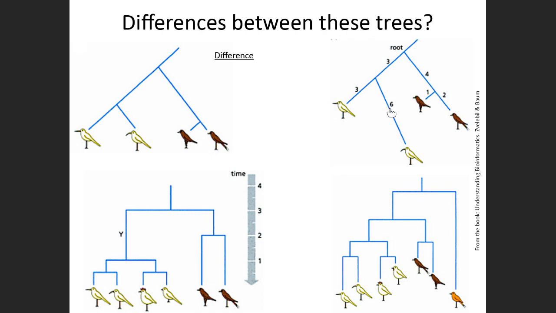Then this one, with the little numbers, that's an additive tree, which would mean this guy is the most different. So let's say this bird is more different from the ancestor that generated that and that than this one is.